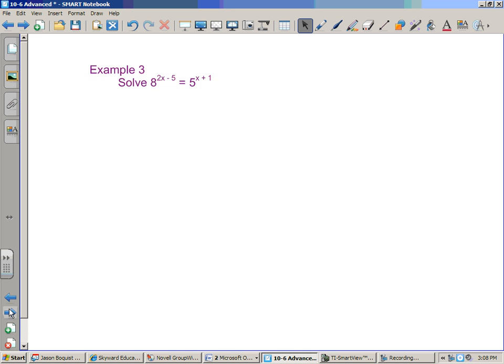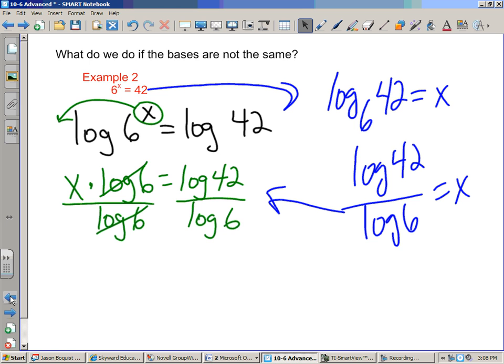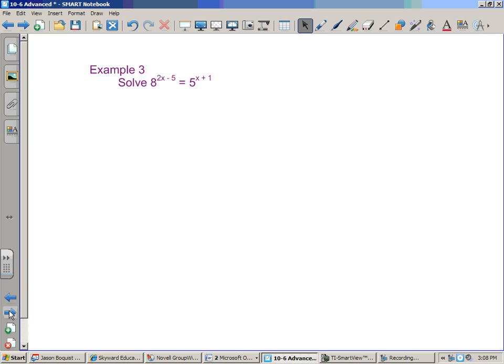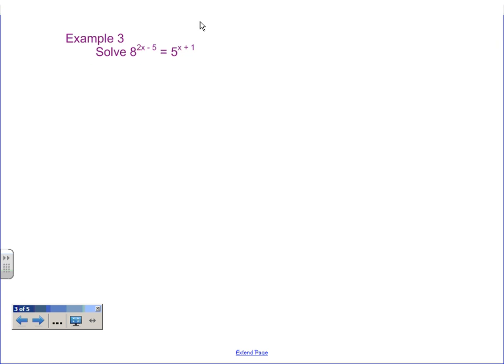Unfortunately, though, this problem can't just switch it around like that, right? This last problem, you could switch it around because, like as somebody mentioned, there was no exponent on that 42, so it made it a little easier. This one, a little bit harder. We have a variable in the exponent.